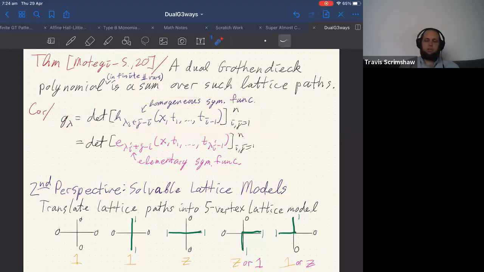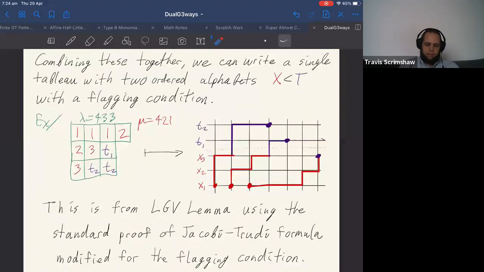And I guess I misspoke slightly earlier. I should have said homogeneous instead of elementary, because how you get from point A to point B here, if you just had a single path, it's a binomial coefficient, and because you can have repetitions along the horizontal steps, it's a homogeneous symmetric function.